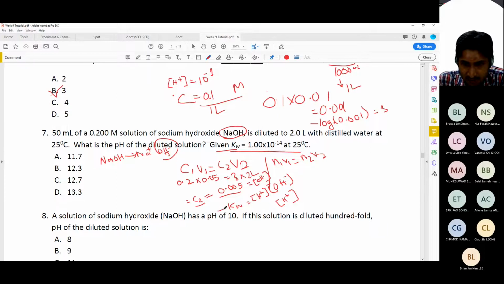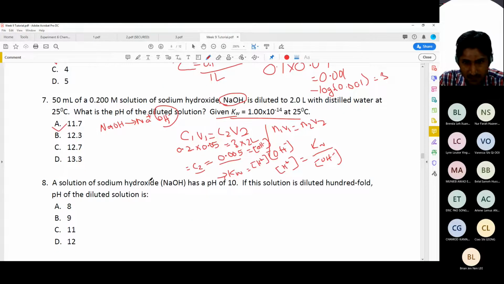We rearrange this equation to get the hydrogen ion concentration, that is Kw over hydroxyl ion concentration. From there, I will get the pH of the solution by taking the negative log of it, and it will be 11.7, I think. Any question so far?